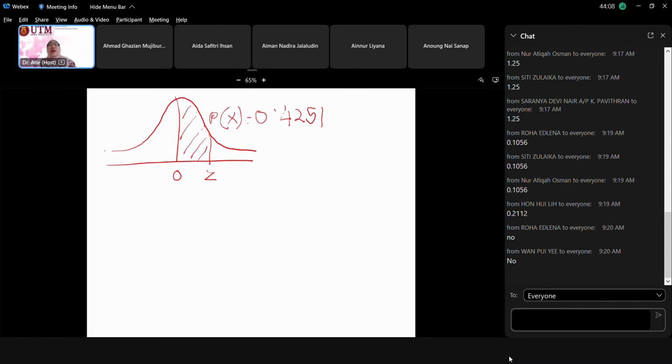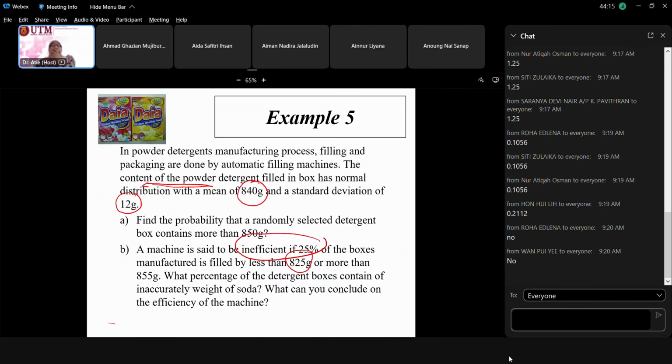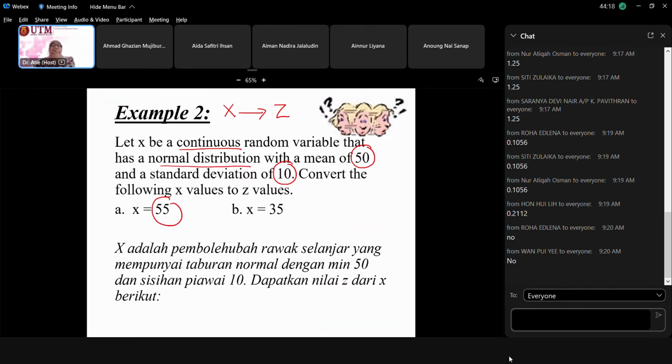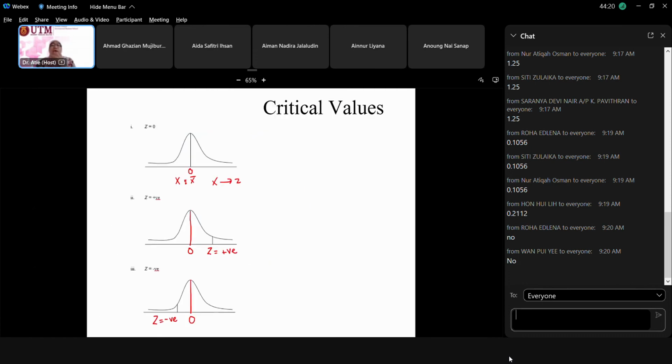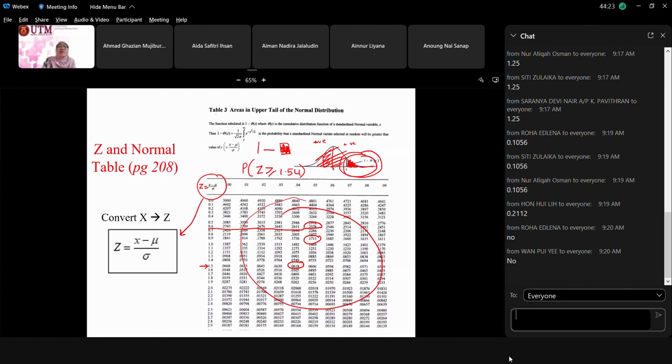So what happens if you go to your normal table? Before this, you get the value of Z and then you find the probability. But this one is the other way around. You get the probability, and then you need to find the value of Z. So how to do that?